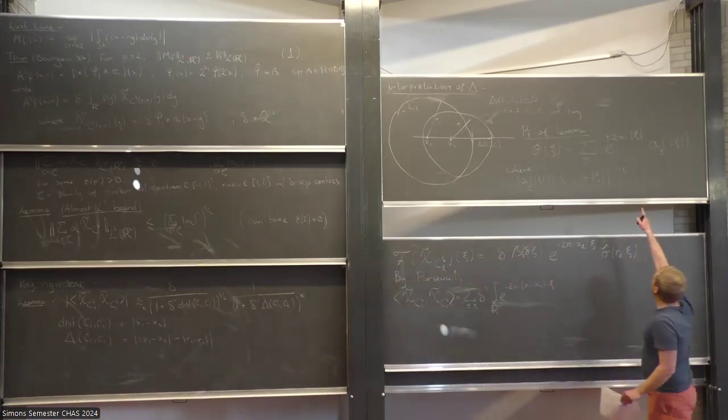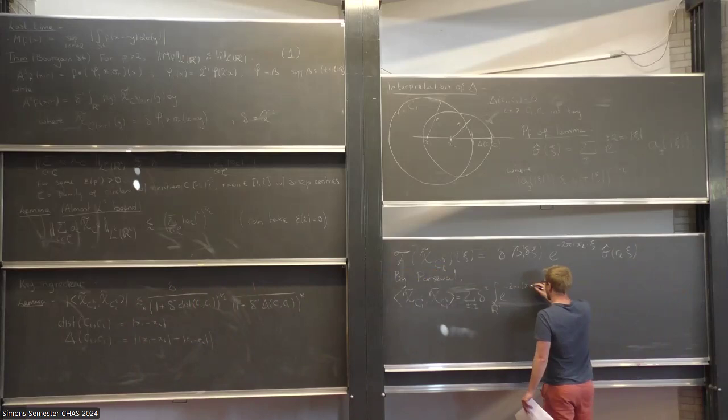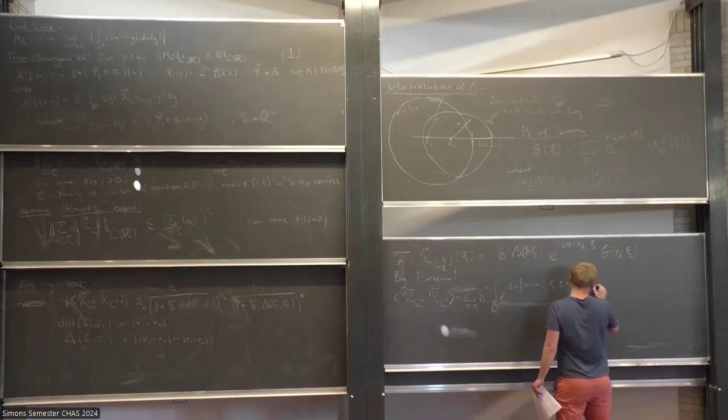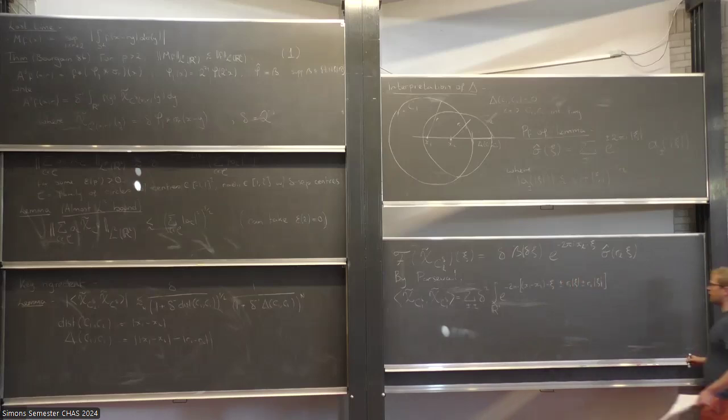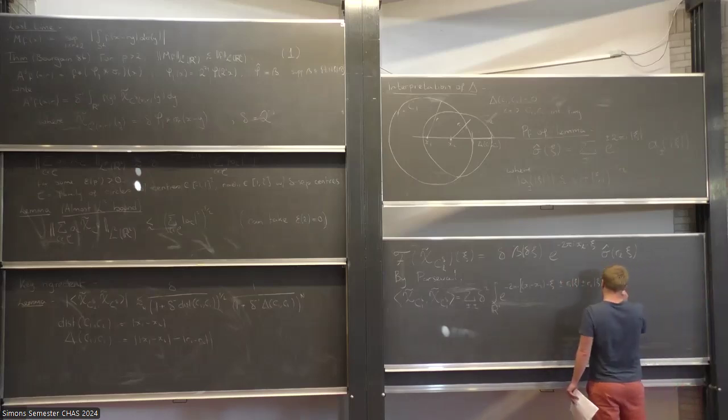We're going to have these oscillatory terms coming from the formula for the Fourier transform of the measure, and then I have the symbols.